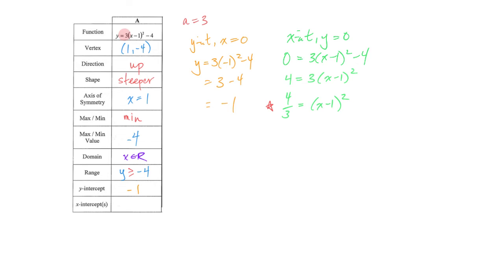Okay, take a look at that line that's got the star on it. Now to get that x all by itself, I've got to get rid of my squared. So I'm going to take the square root. When I take the square root, I know I'm going to have two answers, my plus or my minus. I can simplify the left side because to take the square root means that I take the square root of 4, of the top and the bottom.